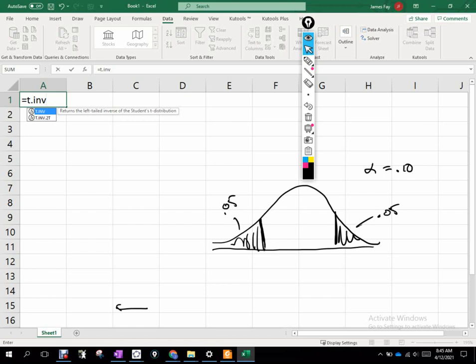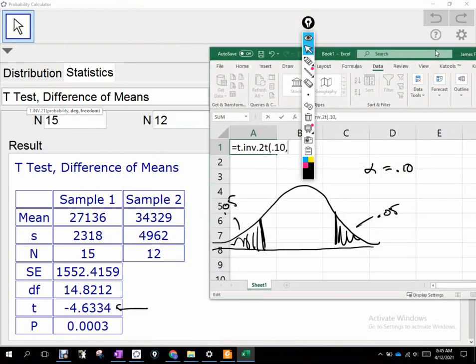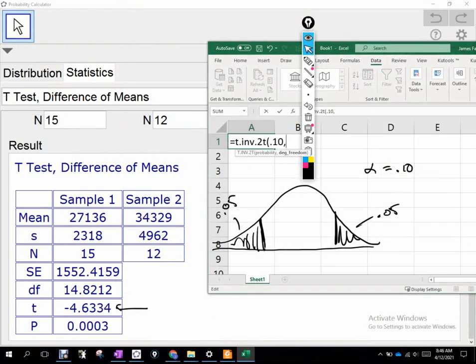If you do that, you're going to use the full alpha of 0.10. Now, degree of freedom, this is where it's kind of a pain. It's nice because if I use GeoGebra in tandem here, because it was not pooled, I can use the degree of freedom that GeoGebra produces.